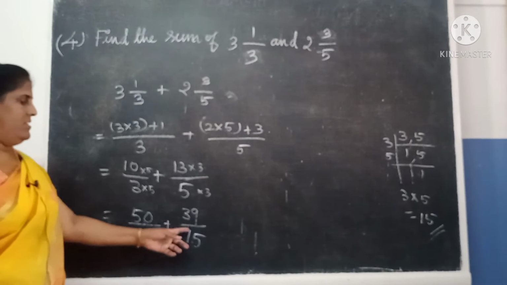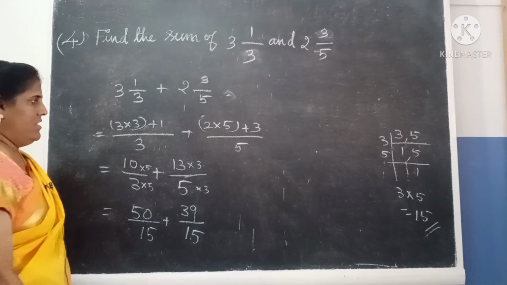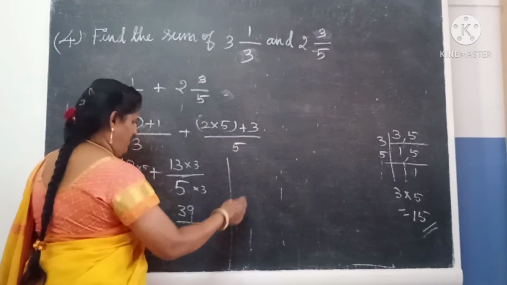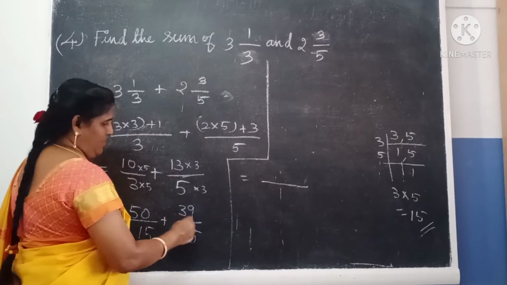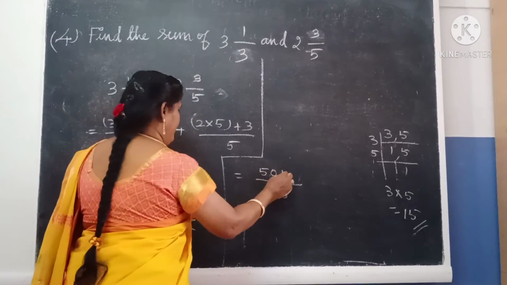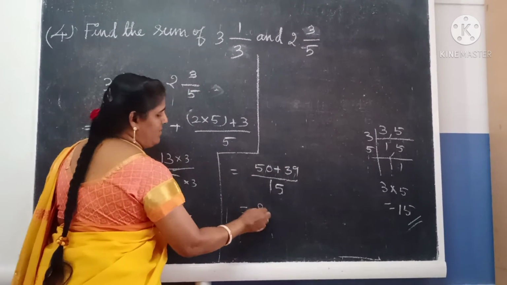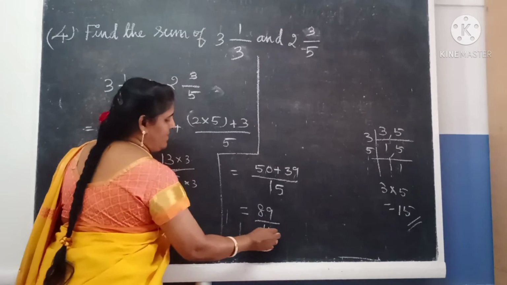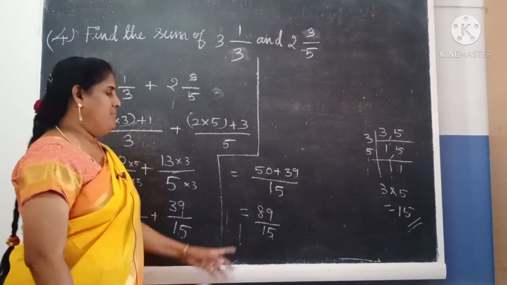So now they are converted into like fractions, we can add. Now you have to add the numerators. What is the numerator? 50 plus 39, what will the answer be? 89 by 15, that is the answer.